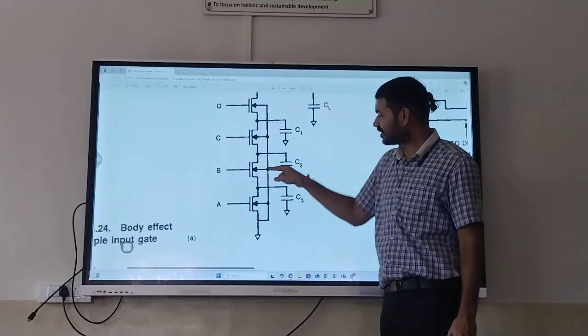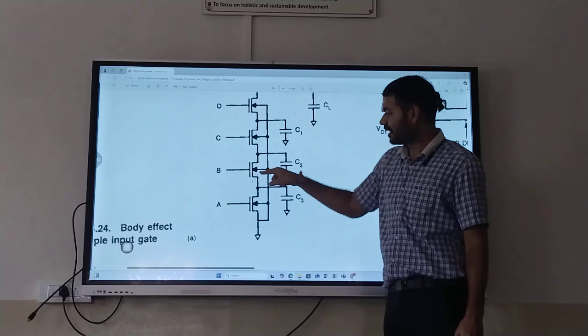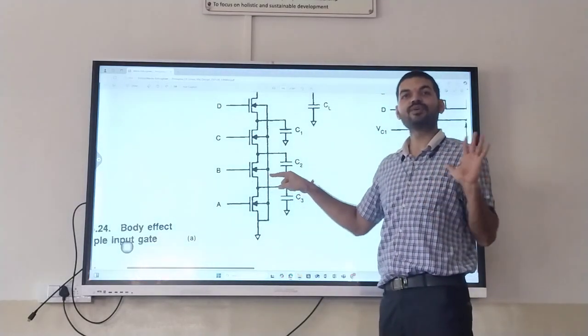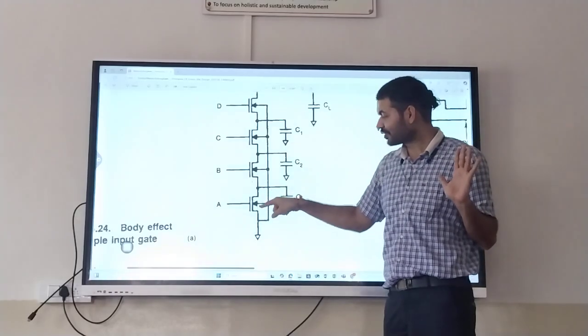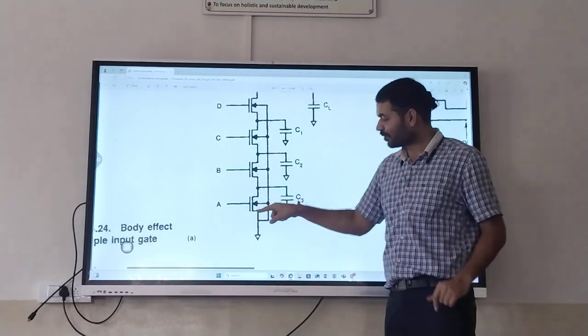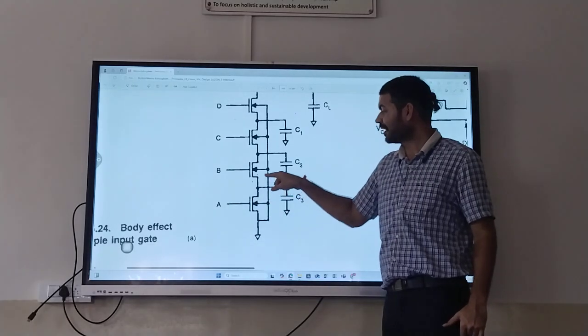So VB is 0, but VS may not be 0 or may be 0, I don't know. If this MOSFET is on, then it will be 0. If this MOSFET is not on, then it may not be 0.